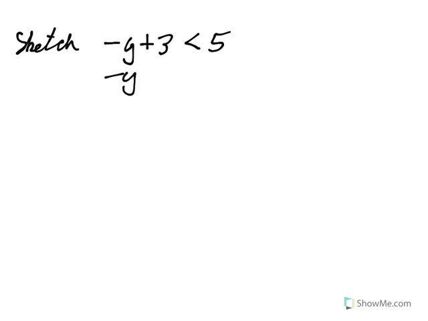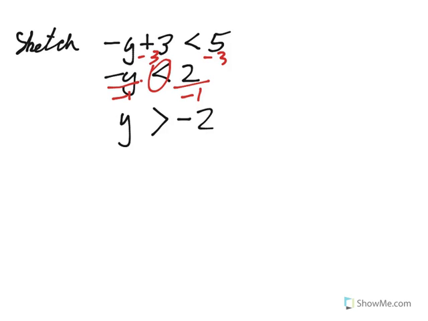Taking 3 from both sides, negative y is less than 2. Then if we divide both sides by negative 1, we've got to swap this around. So that becomes greater than, so y is greater than negative 2.